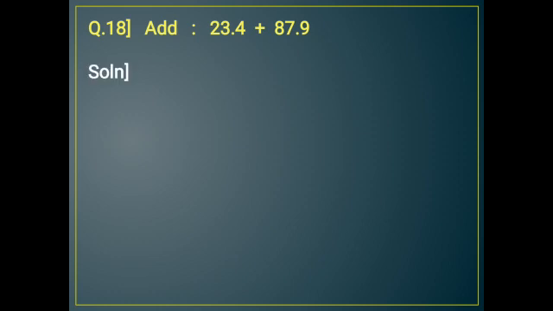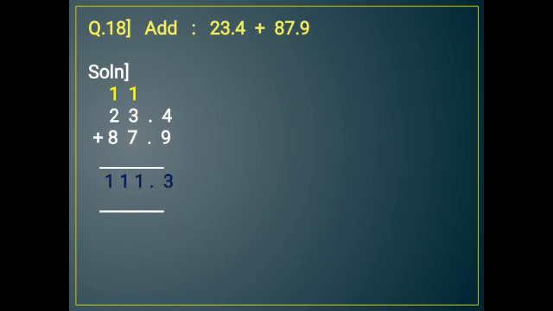So when we add it, see here 23.4 plus 87.9 which is equals to 9 plus 4 is 13, 3 down, 1 carry, then decimal point, 1 plus 3 plus 7 is 11, 1 down, 1 carry forward, then 1 plus 2 plus 8 is 11. So 111.3, that is option C is the correct answer.